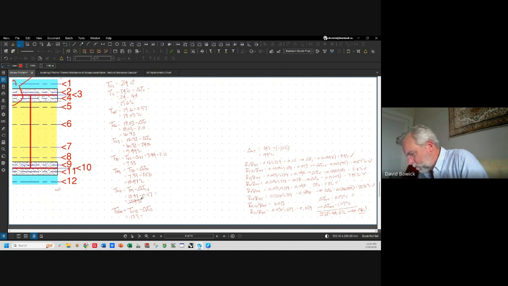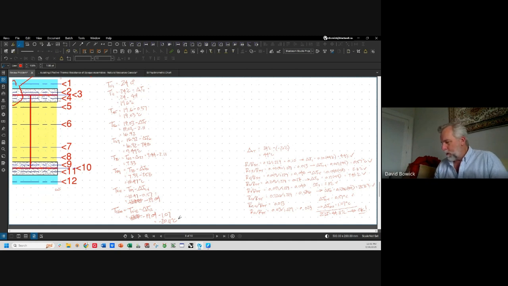Minus 19.04 minus 1.07 equals minus 20.11 degrees Celsius.